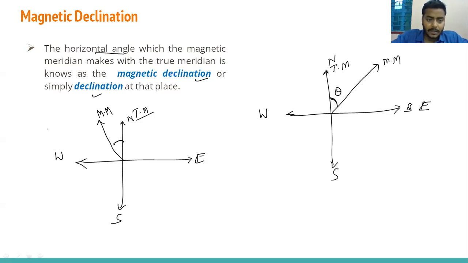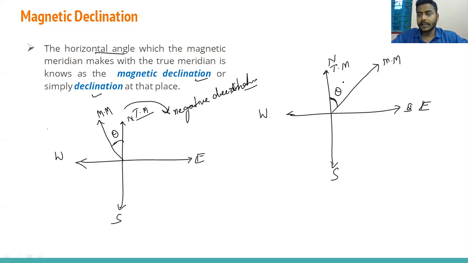If the magnetic meridian is towards the west, we can call it a negative declination.